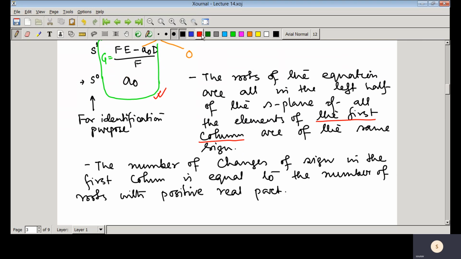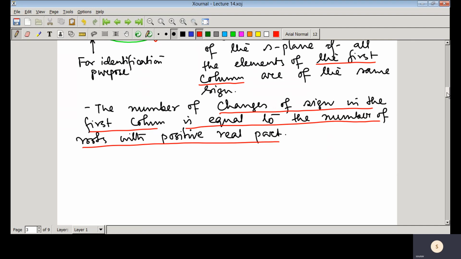Those are actually unstable poles. So the changes of sign in the first column is equal to the number of roots with positive real part. That means those roots are unstable roots, and the system has that number of unstable poles.